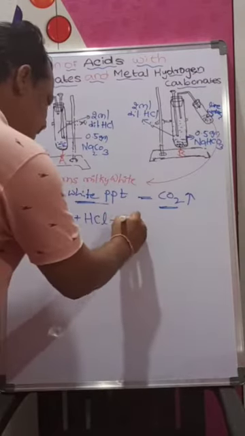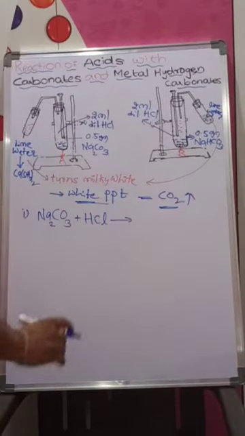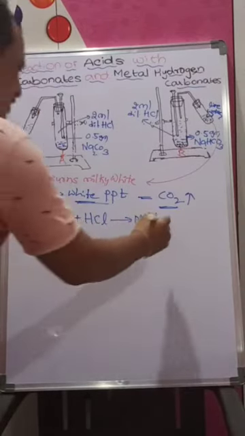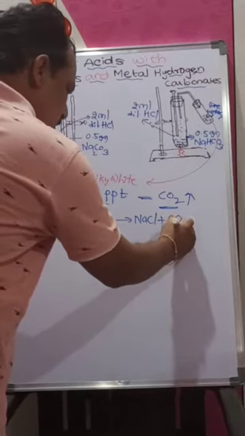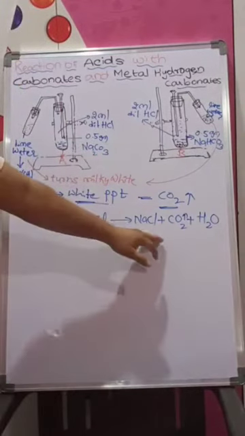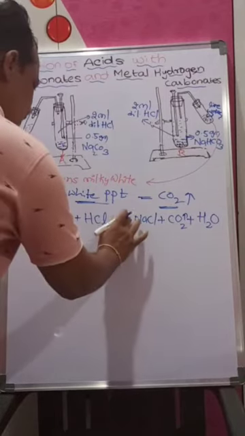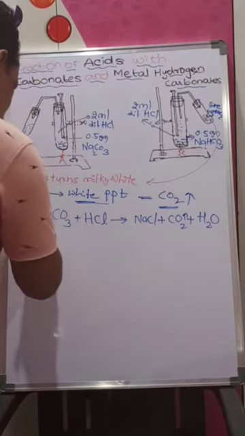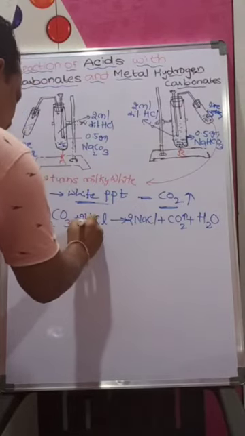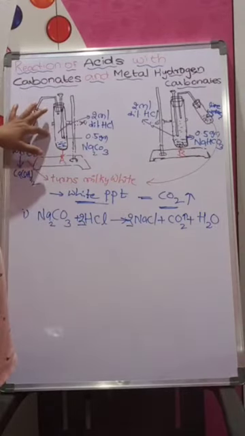Here a double displacement reaction occurs, and the products are salt, carbon dioxide and water. Balancing the equation, we get Na2CO3 + 2HCl → 2NaCl + CO2 + H2O. This equation is for the first activity.